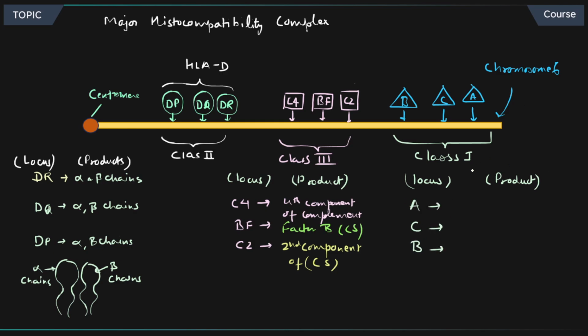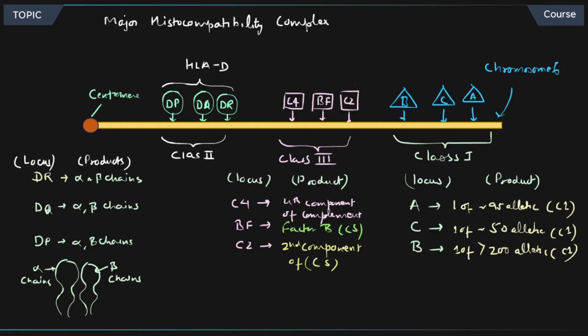A will contribute one allele out of approximately 95 alleles of class 1 protein. C again contributes 1 of approximately 50 alleles of class 1, and B is one of approximately 200 alleles of class 1. What I mean by that is, in class 1 you have a lot of variability. This data is a little bit older.